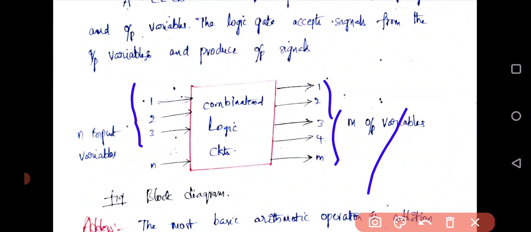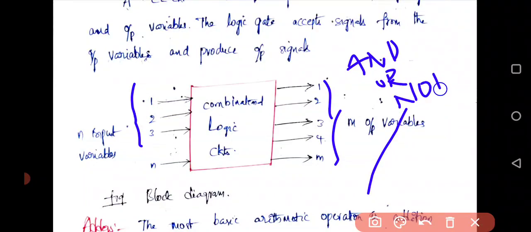This combinational circuit internally may consist of logic gates, that is, basic gates like AND gate, OR gate and NOT gate, and also universal gates like NAND gate and NOR gate.